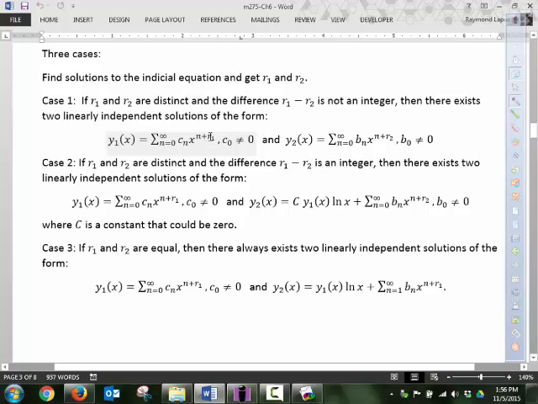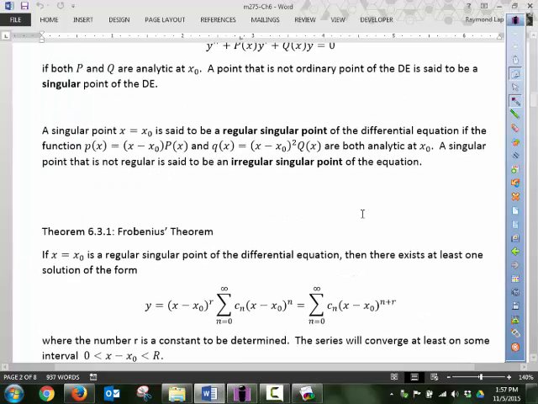So we got r is equal to 0. Well, that looks like we're just going to generate a regular power series. And then we're going to have r is equal to 7/6. It's going to generate another power series for us. And according to Frobenius, this is how it's going to look. We would work out our equations by multiplying this by some x to some r power.